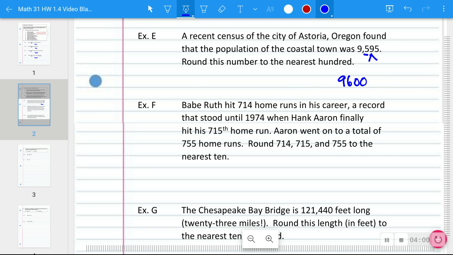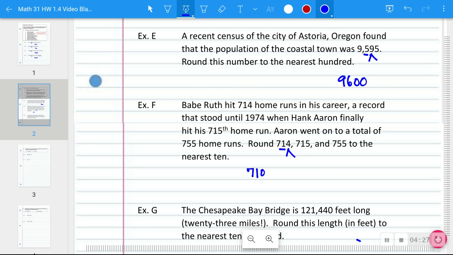So we're going to round all three of these numbers, the Babe Ruth number, the Hank Aaron surpassing Babe Ruth number, and then the Hank Aaron final number here. So let's start with 714. We're rounding to the nearest 10. So we're going to underline the tens digit, and next door is not enough to bump that up. So Babe Ruth's number is approximately 710. Let me write that correctly.